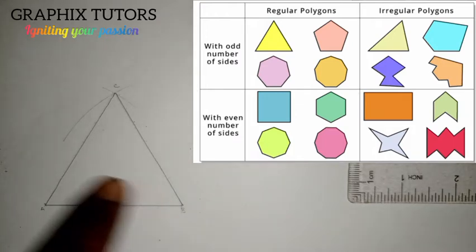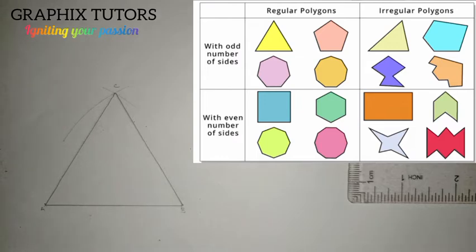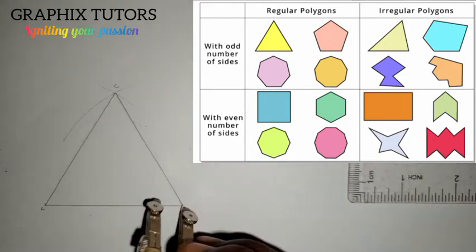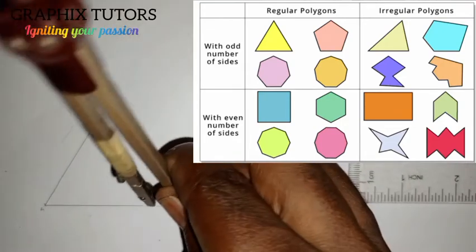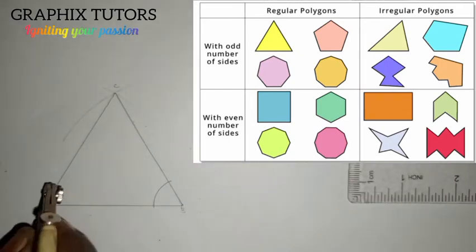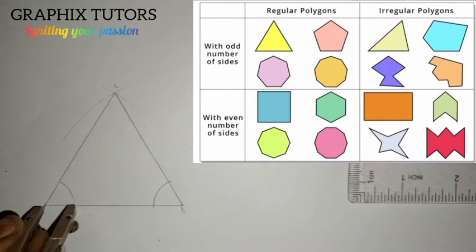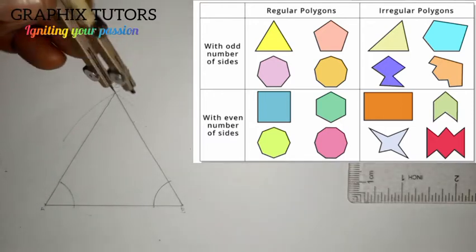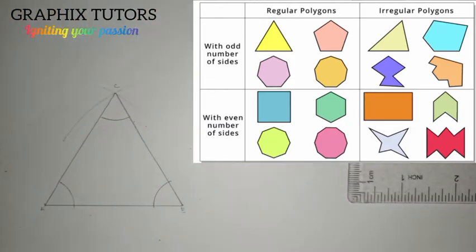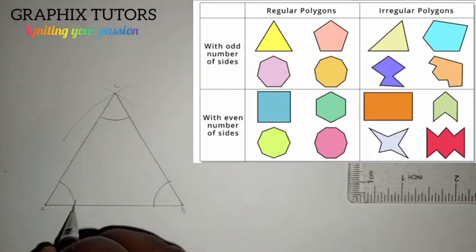Even if you go as far as measuring the angle, you discover that the angle involved is 60 degrees. So it means that from this point to this point, or from this point to this point, or from this point to this point, they are all at 60 degrees.